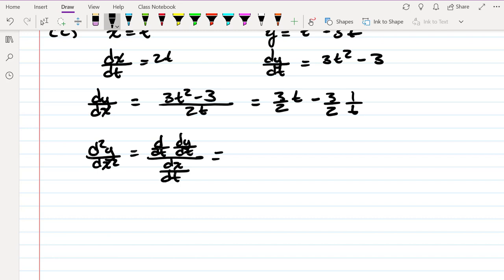So the derivative of 3 halves t is just going to be 3 over 2. And then we have minus 3 over 2 times 1 over t. But remember, 1 over t is the same as t to the negative 1.